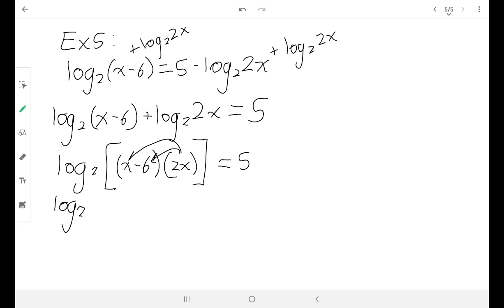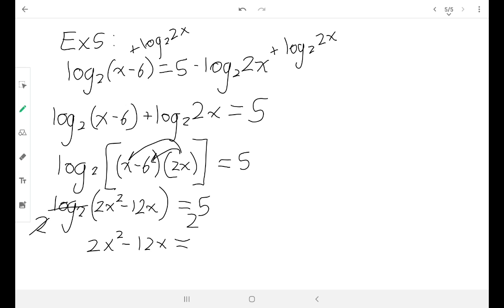So log base 2 of 2x squared minus, oops, not 6, but 12x, 6 times 2 is 12, equals 5. And now that I've got that single log, I can give a base of 2 to both things. I'm matching the base of the logarithm. And this will cancel this, and I'll have 2x squared minus 12x equals 2 to the 5th, which just so happens to be 32.